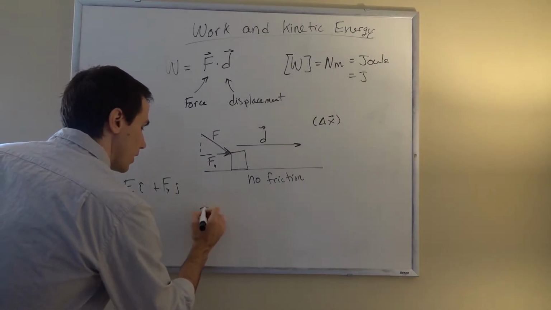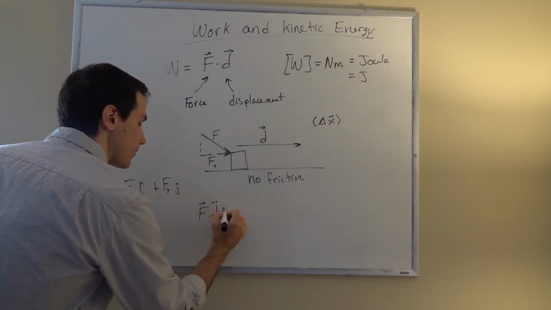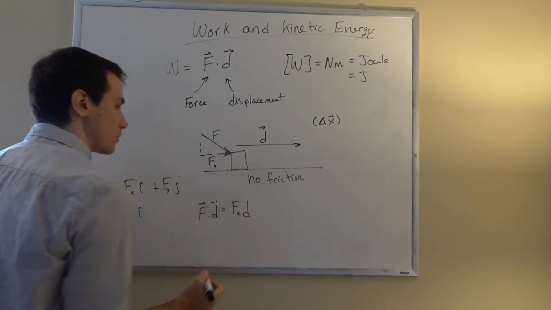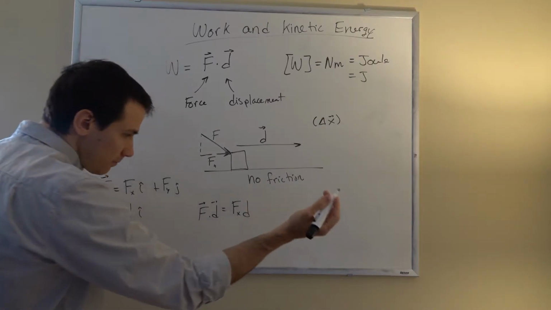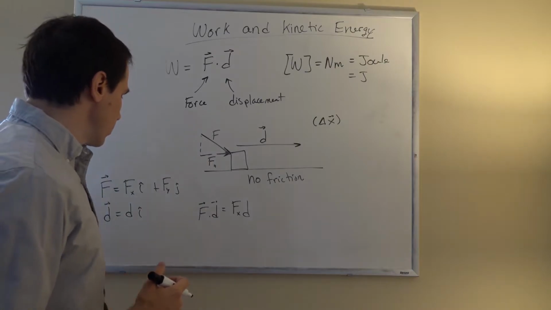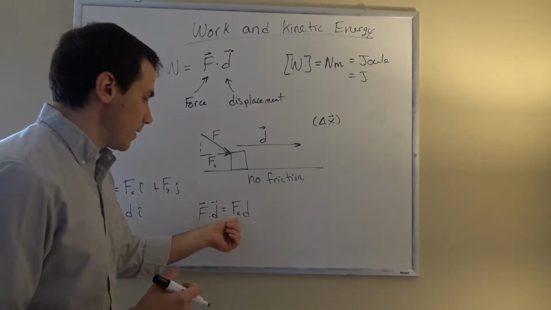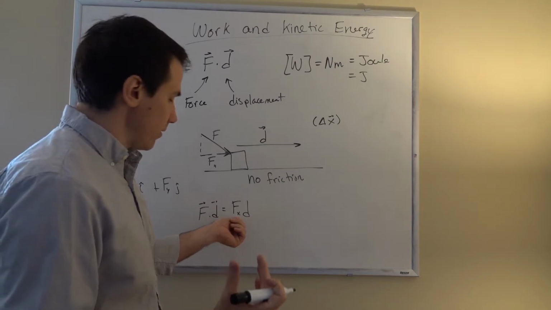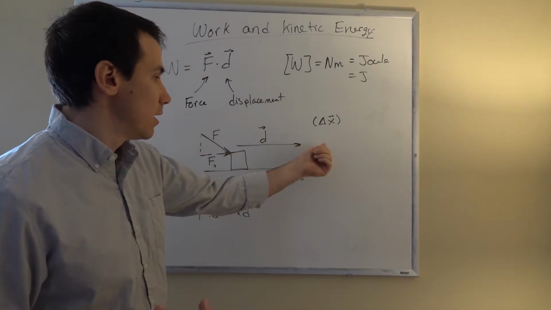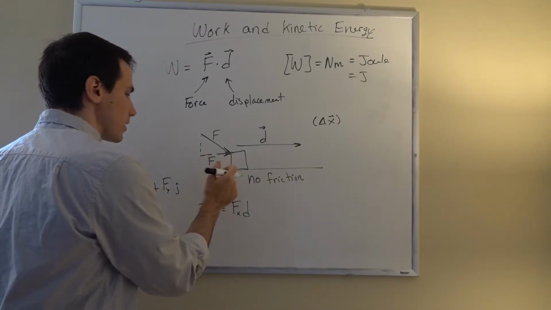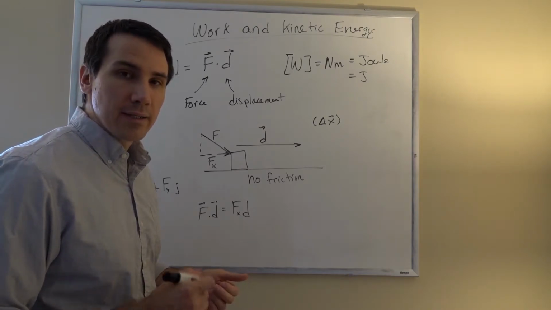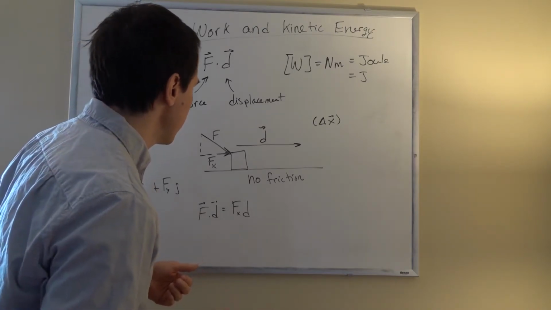And so F dot d is i hat times i hat, the x component of the displacement vector, plus 0, right? So this tells us the multiplication of the force in the direction of my displacement, which I can just write as Fx here, multiplied by that displacement vector.